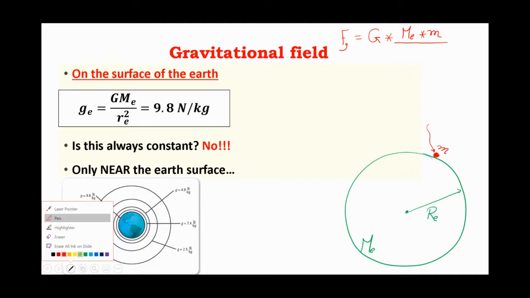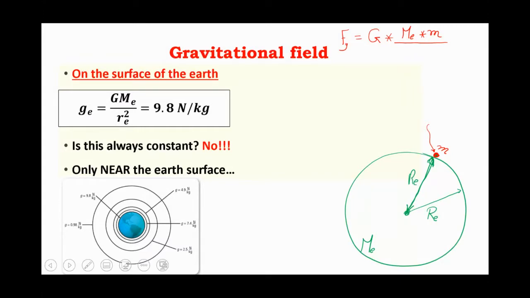What's the distance between the center of the earth and the center of the mass? The distance is almost the radius of earth. As long as this mass is on the surface of the earth, the distance is the radius of earth. So divided by RE squared.